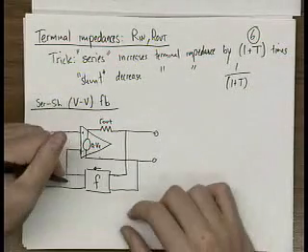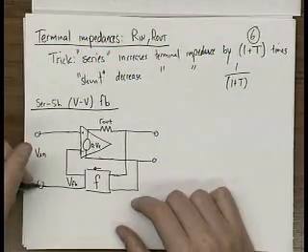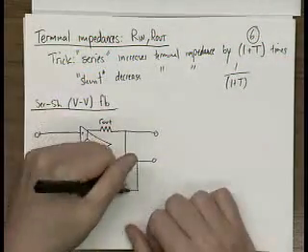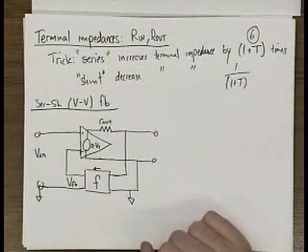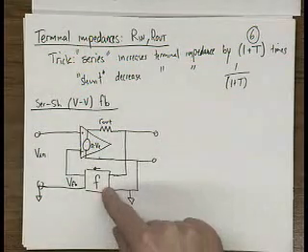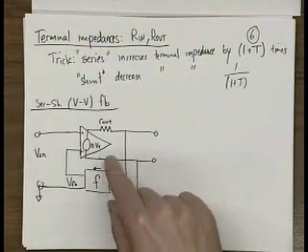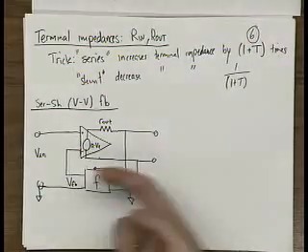Okay, so VFB, and just to keep things simple, I'm going to ground this node and ground that node. Okay. So if we were to just analyze the output, and we're assuming this feedback network is ideal, so that this has infinite input resistance looking in.